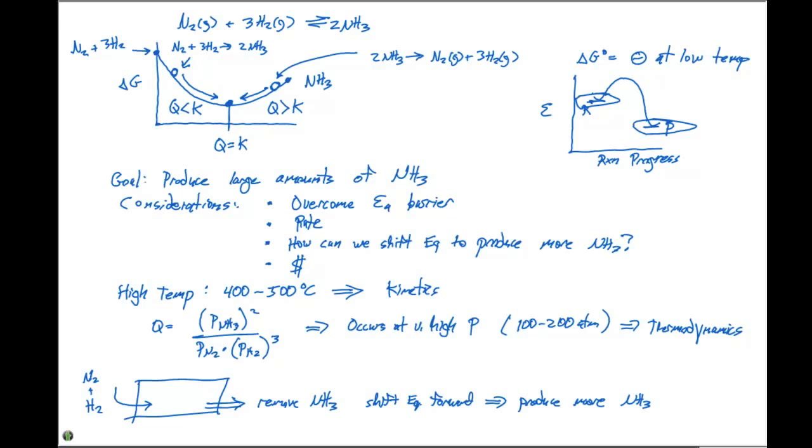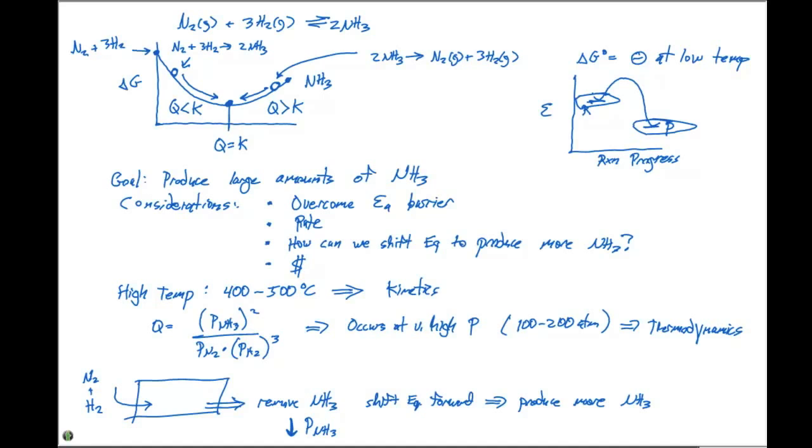So as we decrease the partial pressure of NH3, it will shift this reaction forward. It's going to change our value of Q. It will make Q smaller. And we're going to proceed farther and shift this equilibrium.